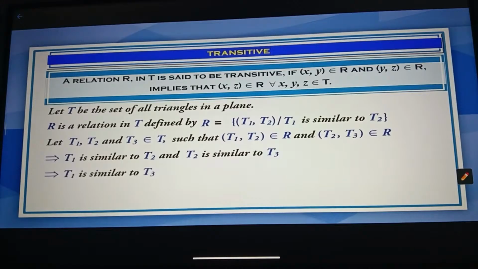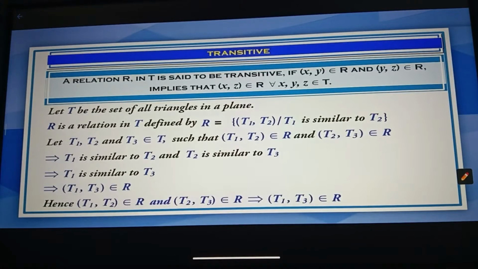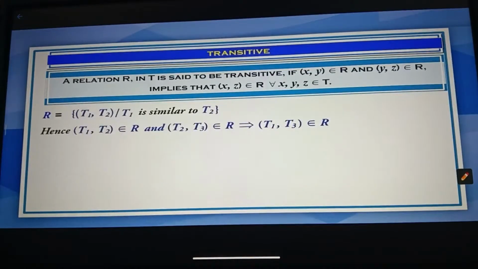So this implies that T1 is similar to T3. This in turn implies that the ordered pair (T1, T3) belongs to set R. Hence, ordered pairs (T1, T2) and (T2, T3) belong to set R implies that (T1, T3) is also in R. This shows that the relation R in T is transitive.